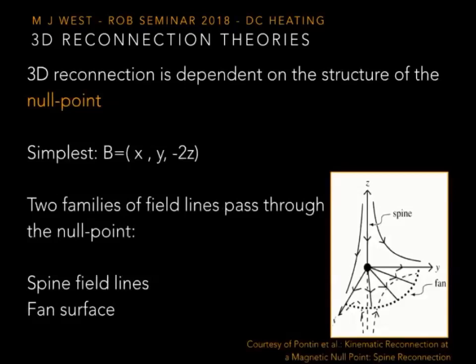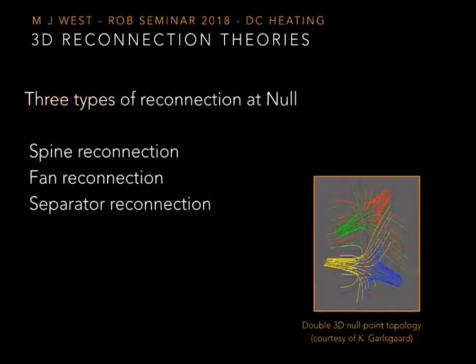I'm just going to show you the basic concept, where in this 3D reconnection model you get the concept of a null point, and you get a magnetic fan structure and a magnetic spine, so you've got two families of field lines that pass through the null point. These are the spine field lines and the fan surface, and this achieves three types of reconnection at the null. This movie is not running, I'm afraid, but it was a simulation from a model by Galsgaard.